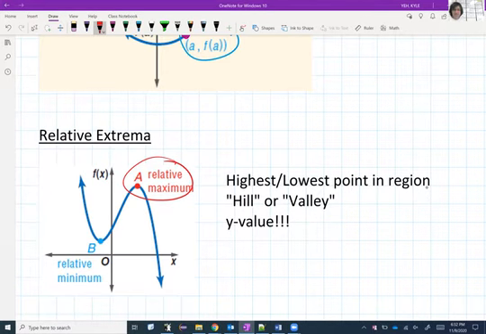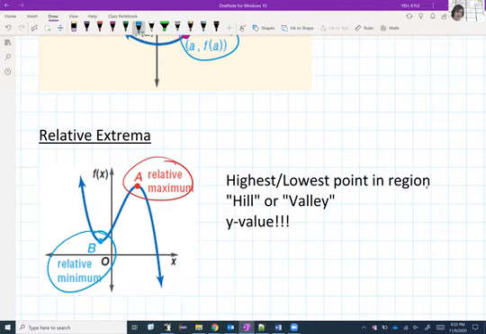It's not the absolute maximum, because if you're looking at this graph on the screen, it goes up forever on that left-hand side. So there is no absolute maximum, but there is a relative maximum, a point that's higher than all the other ones in the region. So relative maximums are the hills. Relative minimums are the valleys. That lowest point, whenever we have a valley, that is a relative minimum.